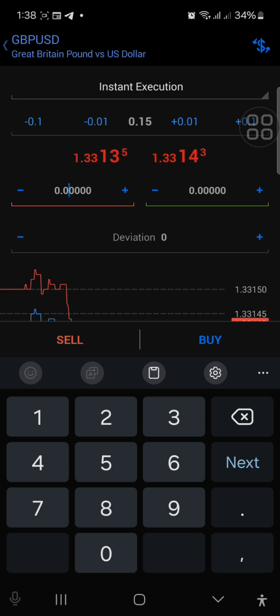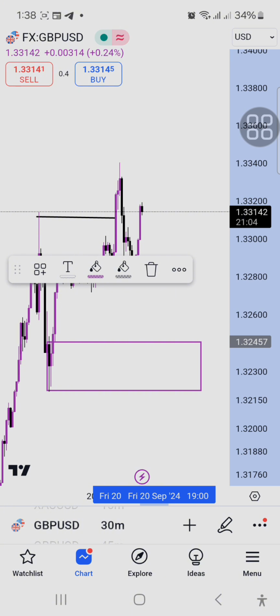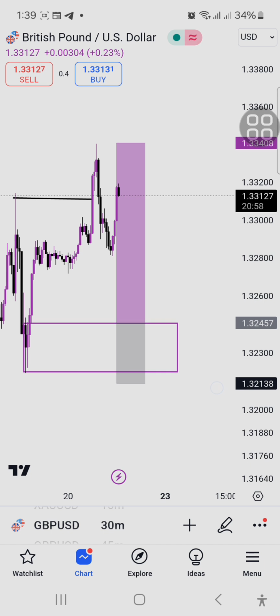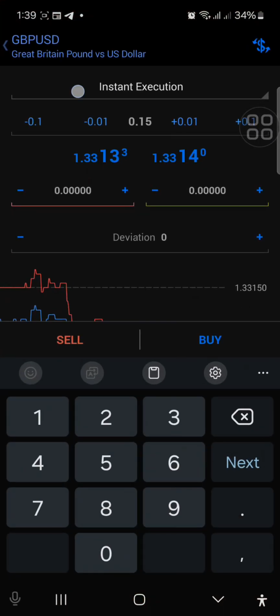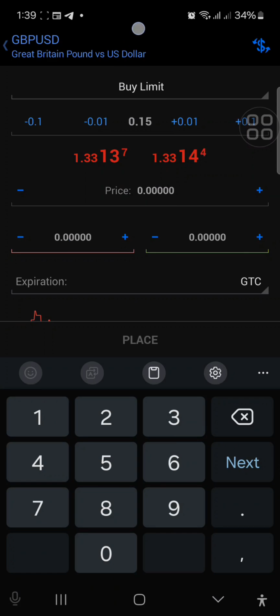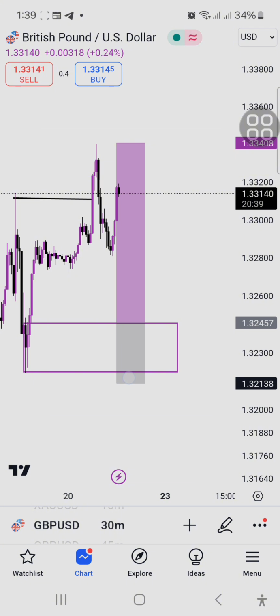Okay, and then I'm going ahead to look for my entry. This trade hasn't come to me yet, so I'm just going to be setting a buy limit order, meaning I want price to come down, pick me up, and then continue going up.